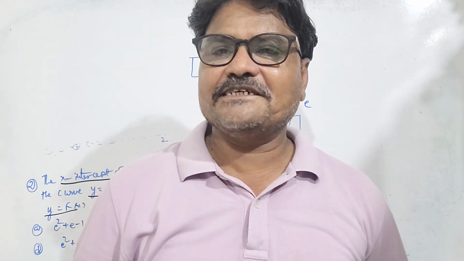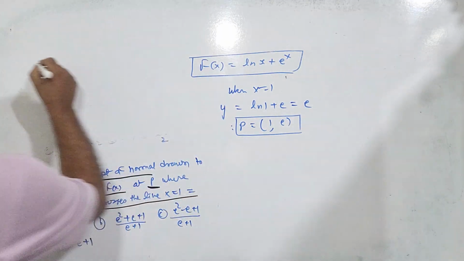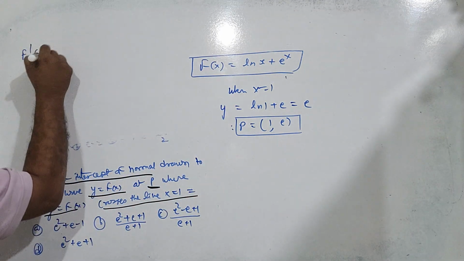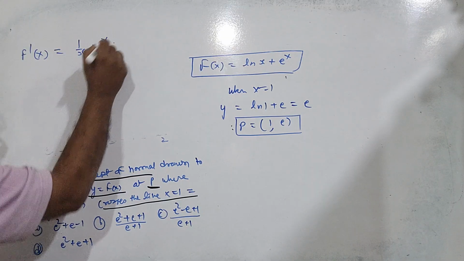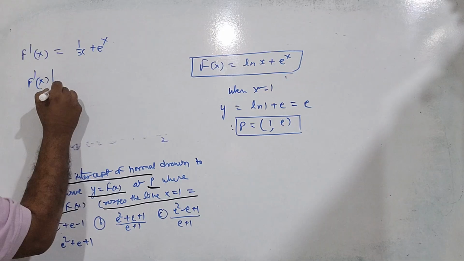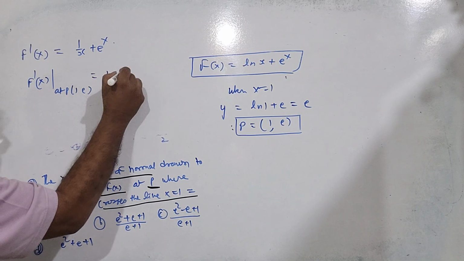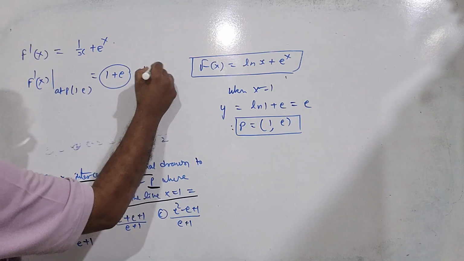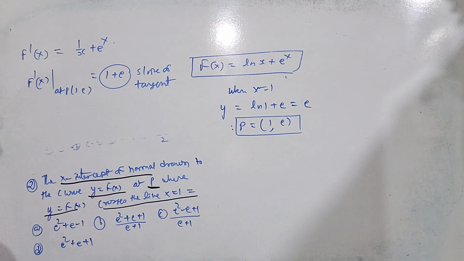Now you can find out the equation of the normal, very easy now. So what is f dash x? f dash x is 1 upon x plus e to the power x, correct? So f dash x at P, meaning (1, e), is 1 plus e. This is your slope of tangent, correct?